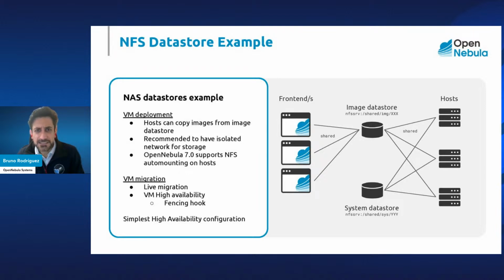And for the image datastore, this is one of the ways we can also keep the image datastore only on the front ends, but this would not be the most efficient way. So the image datastore is available on the front ends, and the host can copy the image directly from the shared image datastore. This is a good thing.